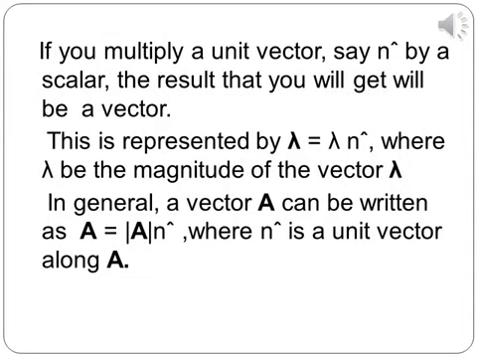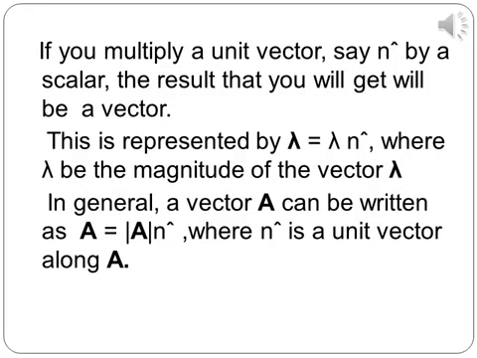If you multiply a unit vector, say n cap, by a scalar quantity, the result will be a vector quantity. This is represented by vector lambda equals lambda n cap, where lambda is the magnitude of the vector and n cap is the unit vector along the direction of the vector lambda.